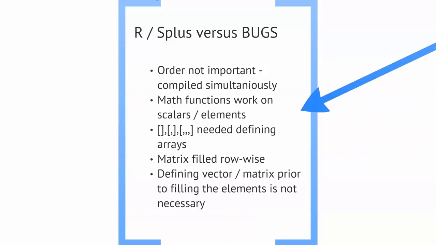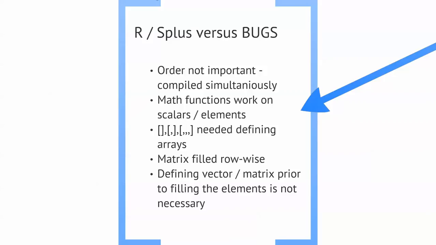You can define it in whichever order you want. And for math functions, they work element wise as I have mentioned. And in R, when you define a vector v, you do not have to specify the third bracket. But here you have to specify the third bracket when you are talking about a vector, matrix or an array.